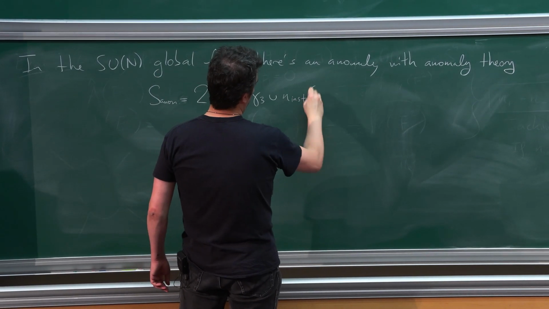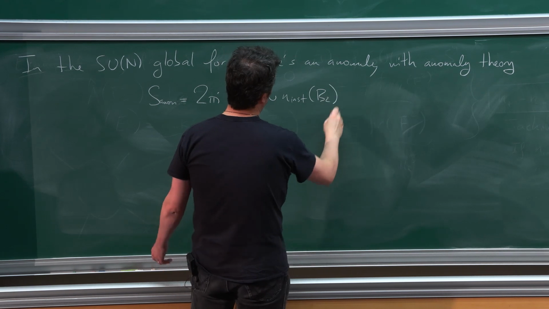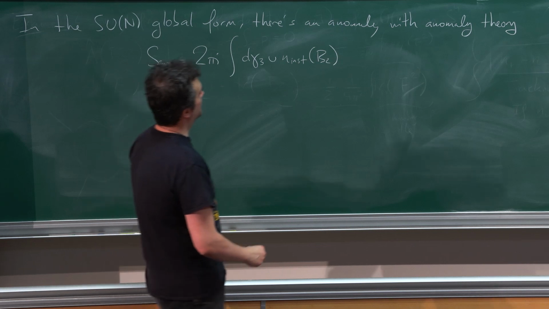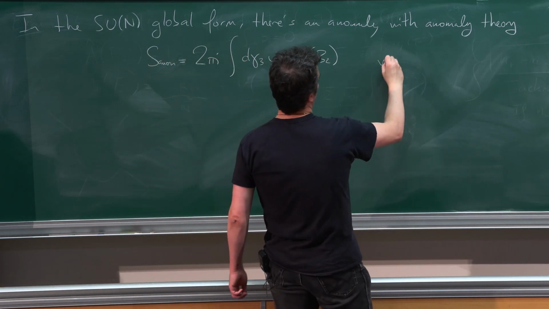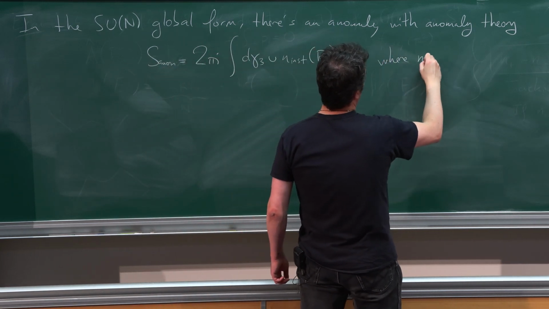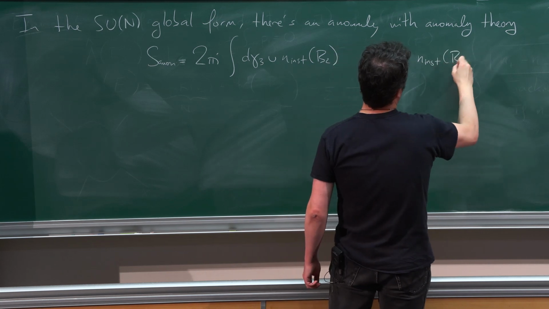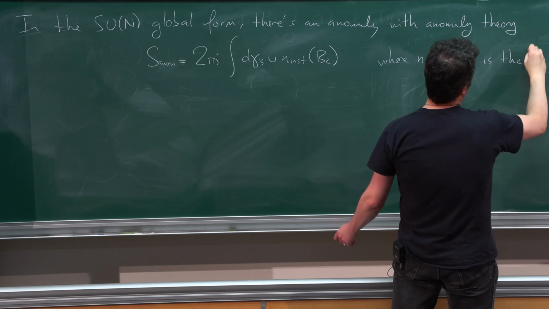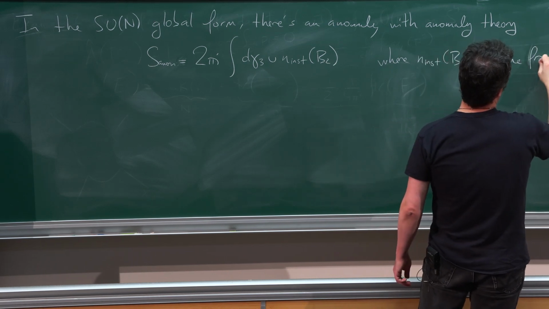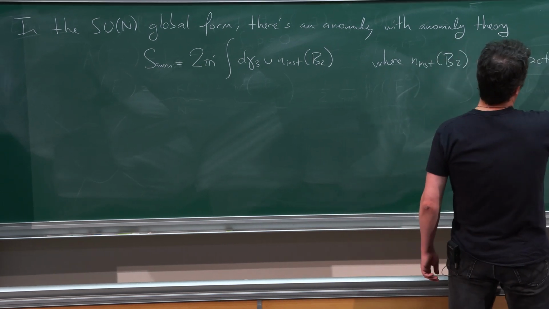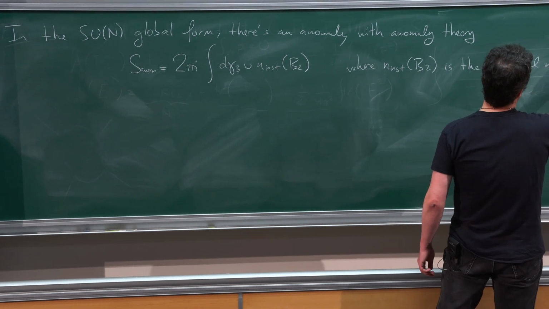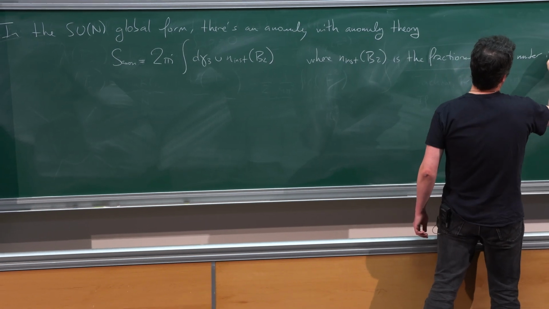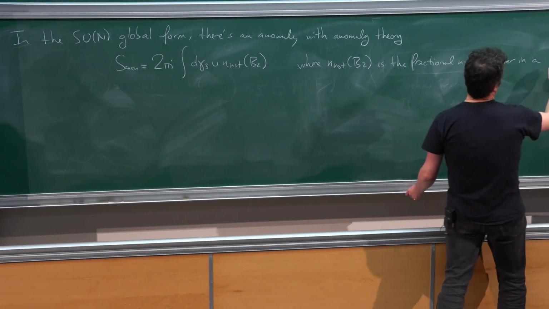So I'm going to call N_inst of B2 the fractional instanton number in a B2 background.